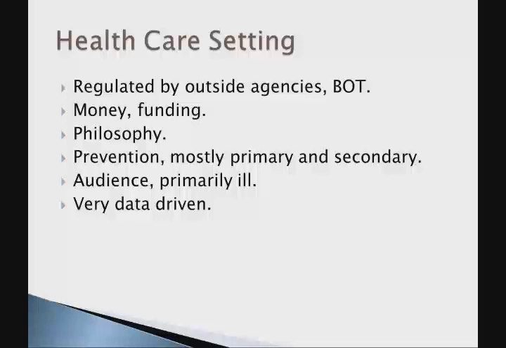The philosophy in healthcare settings is based mostly on primary and secondary prevention, but if it's a rehab facility, it could be tertiary prevention. Healthcare clinics and settings, even hospitals, have outreach.